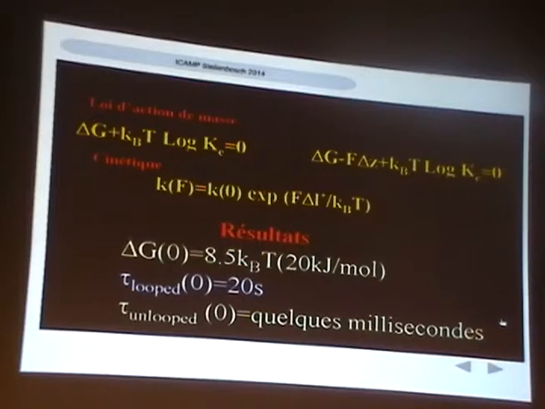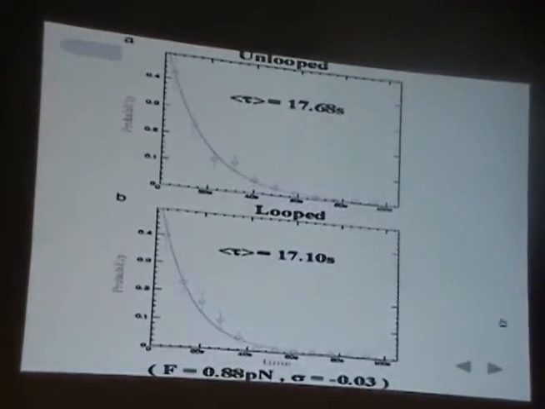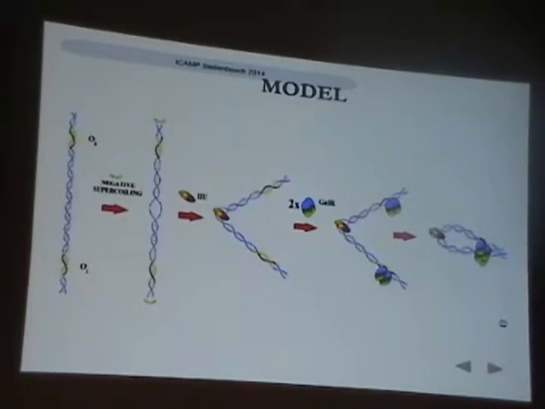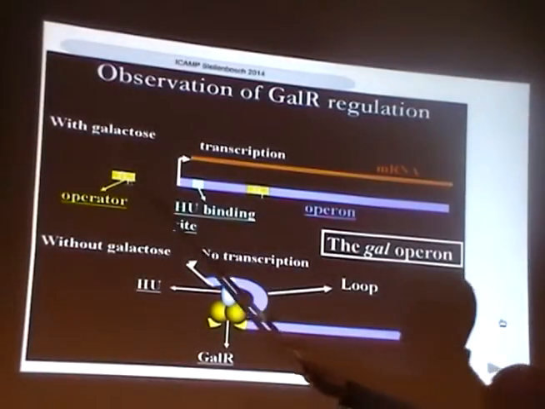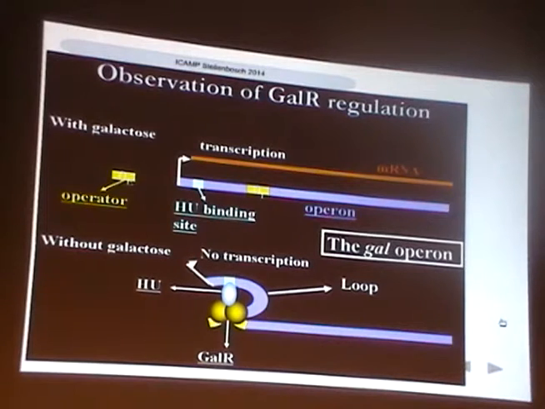There is a mechanical aspect also in this equilibrium. The distance between the two sides here is 100 bases. Okay, typically 105, I think, in the natural system. I told you that the DNA persistence length is 50 nanometers. 50 nanometers is about 200 bases.